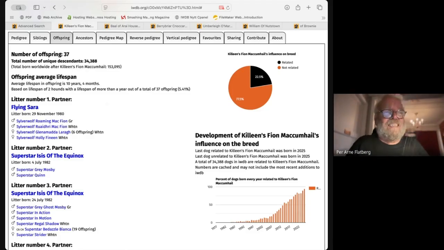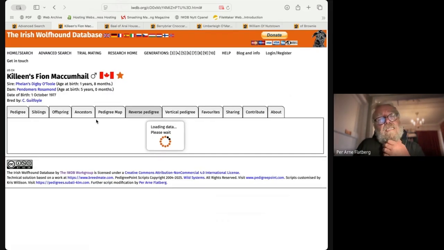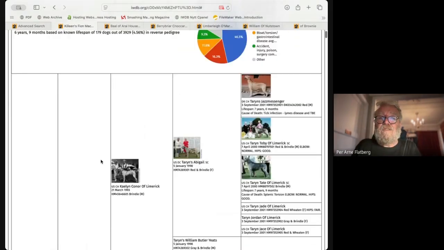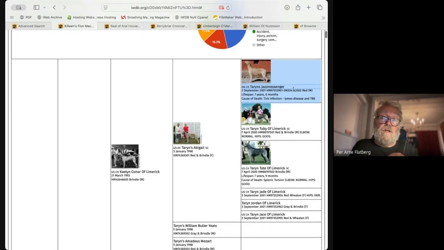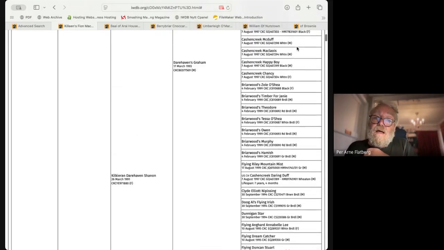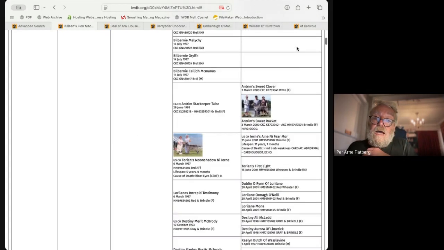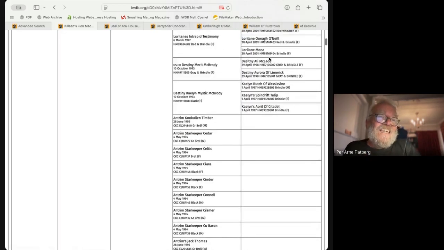And great-grandchildren. How can you find out who they were? You look at the reverse pedigree. If you do that, you can certainly look at the number of generations back here. And I think you have the answer probably here, which was a very popular dog, and some of the terrier dogs. And Starkeeper, of course, is very popular, right, Rosalind?